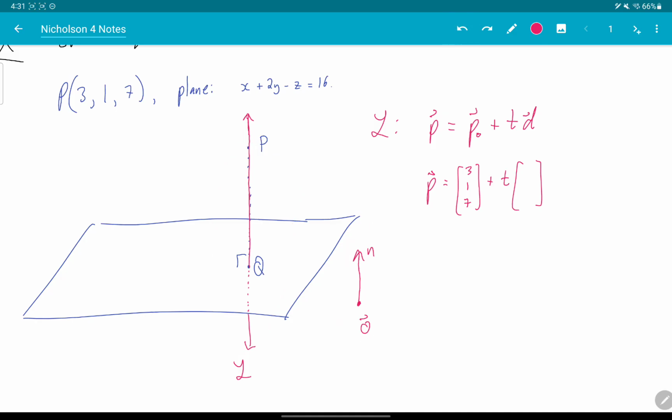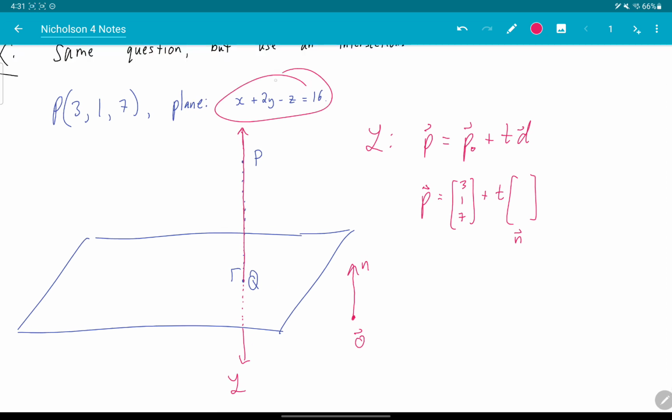So I can use that normal vector as a direction vector. I can extract that again from my normal or scalar equation here. It's 1, 2, -1, the coefficients of x, y, and z.